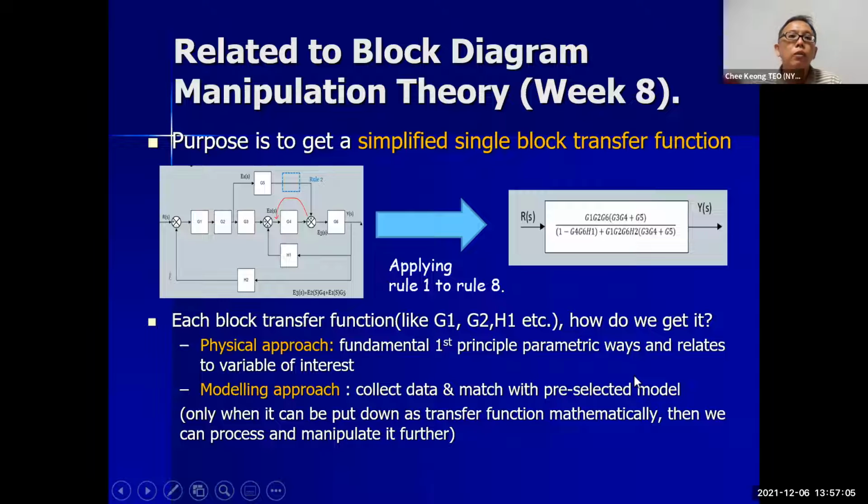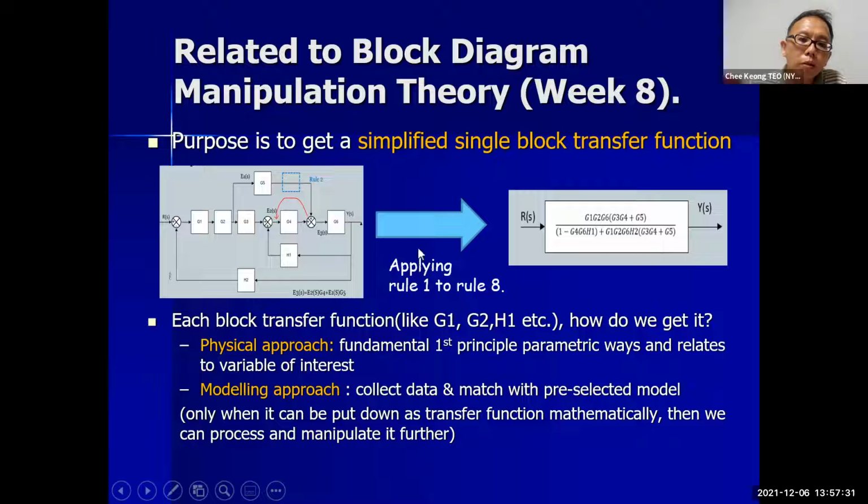Now, just to relate this particular lab back to your theory, which is block diagram manipulation in week 8. The purpose, of course, is to simplify to a single block transfer function, right? You may have a plant with a lot of sub-blocks.